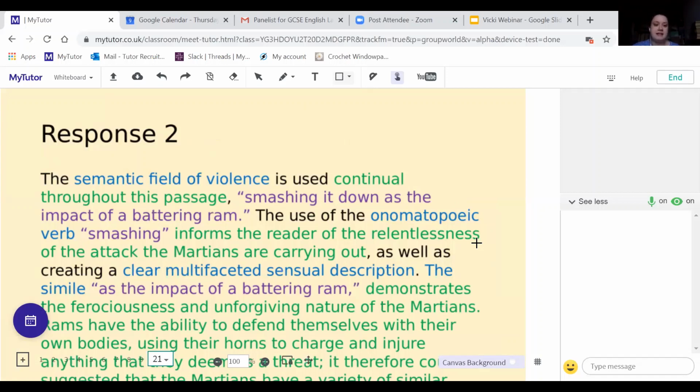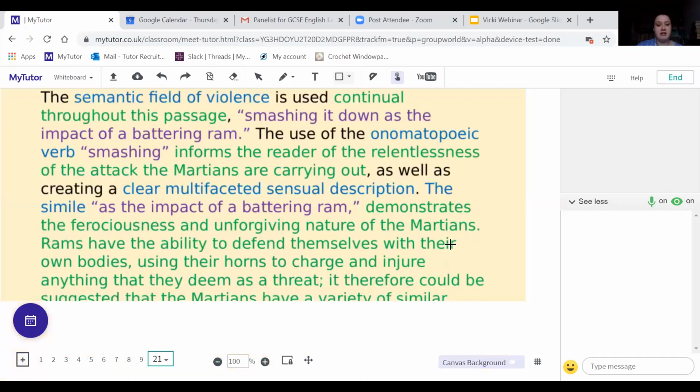The simile, as the impact of a battering ram, demonstrates the ferociousness and unforgiving nature of the Martians. Rams have the ability to defend themselves with their own bodies, using their horns to charge and injure anything that they deem as a threat. It therefore could be suggested that the Martians have a variety of similar weapons.